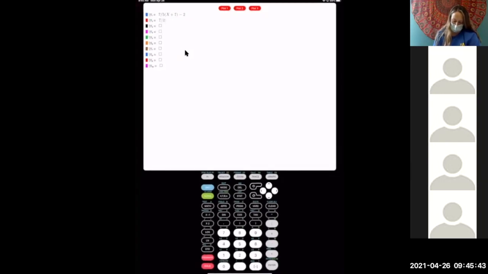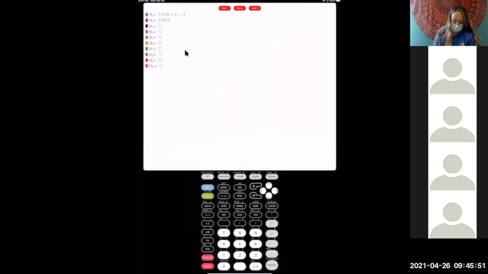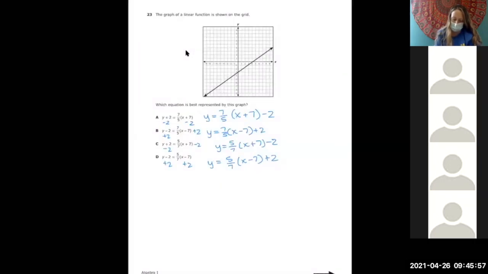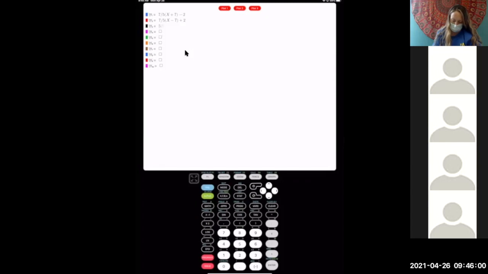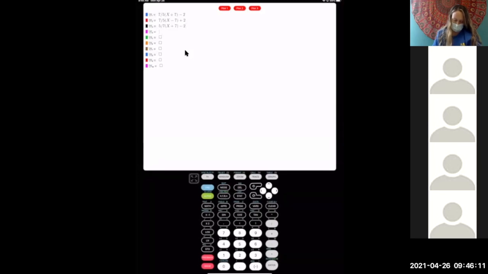This one was, again, 7/5 times x minus 7 plus 2. Five sevenths, x plus 7. Okay, so take your time, plug in all 4 of those equations.